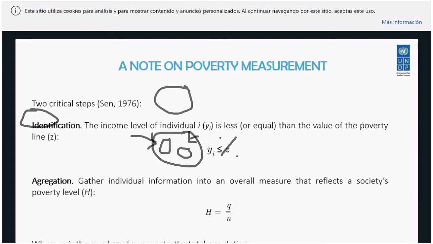For now, let's keep it with the very, very basic poverty index, which was not proposed by Sen, but actually was used first at the end of the 19th century by Seebohm Rowntree here in the UK, who measured for the first time poverty in the city of York. So he used this very basic equation, right?